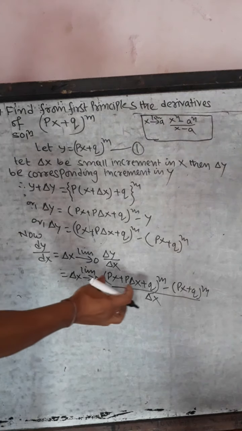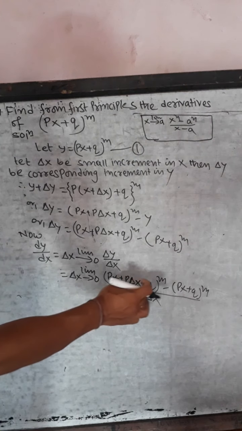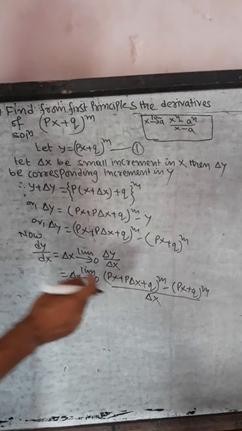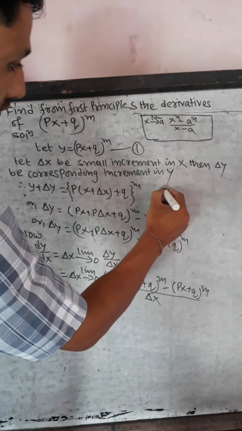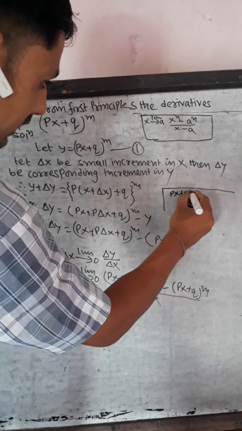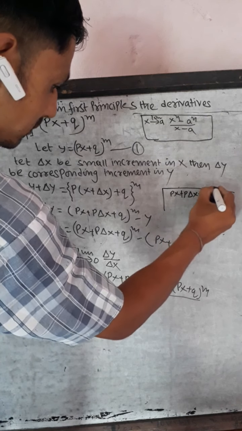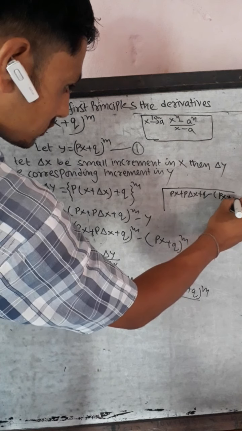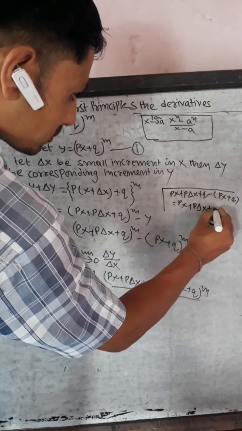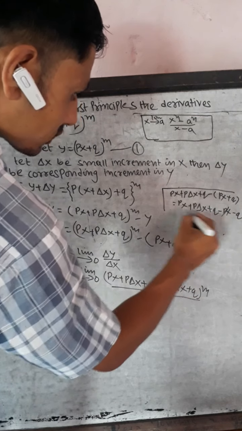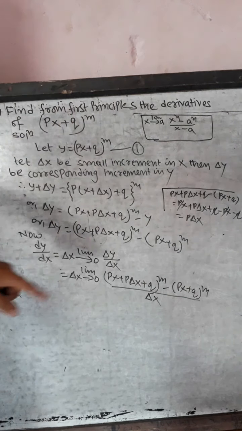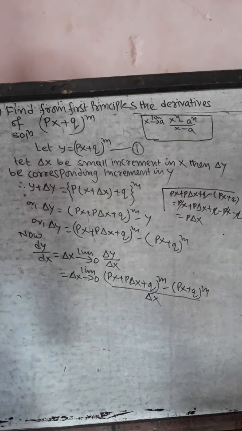Here x is px + p del x + q, and a is px + q. If we subtract these two, because here we need x minus a: px + p del x + q minus px minus q. The px and q cancel, so you get p del x. But here there is only del x, so p must be multiplied in the numerator as well.